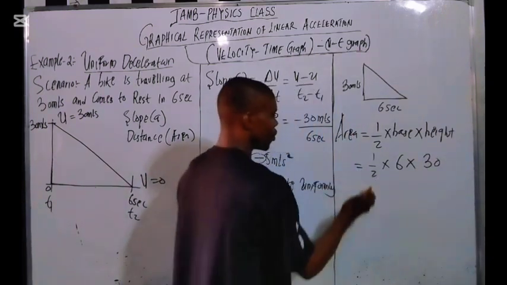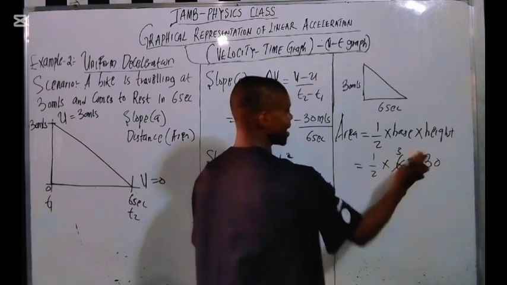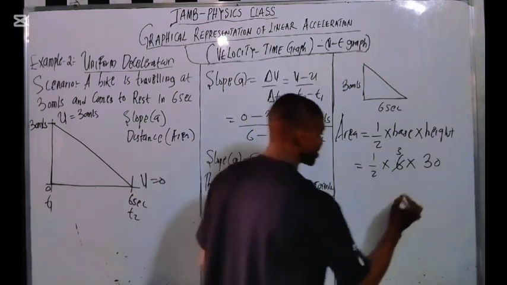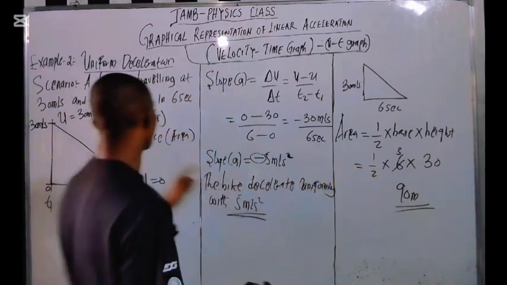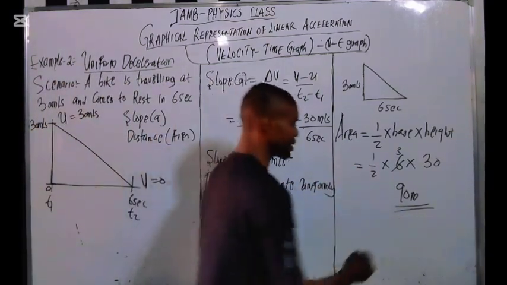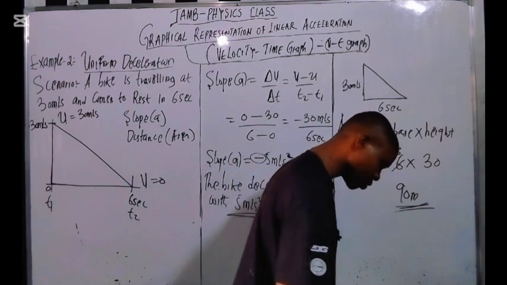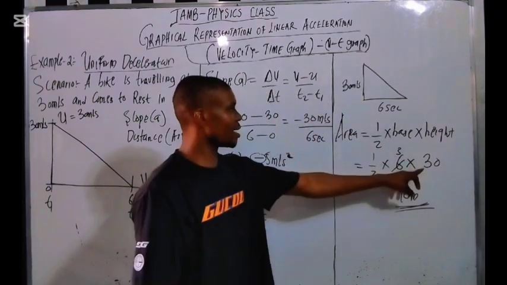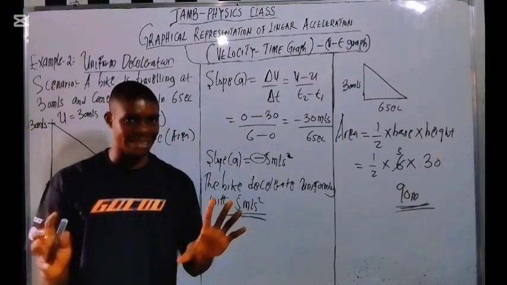You cancel out, and we have 3 times 30, which is 90 meters. That is the distance traveled by the bike: 90 meters. That is for uniform deceleration. You can see how easy it is, right?